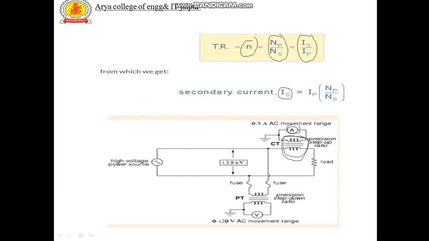This type of construction has negligible leakage flux of both primary and secondary, hence possesses low reactance. As there is only one primary turn, the primary current should be high enough to produce sufficient exciting ampere turns to give a reasonable output.